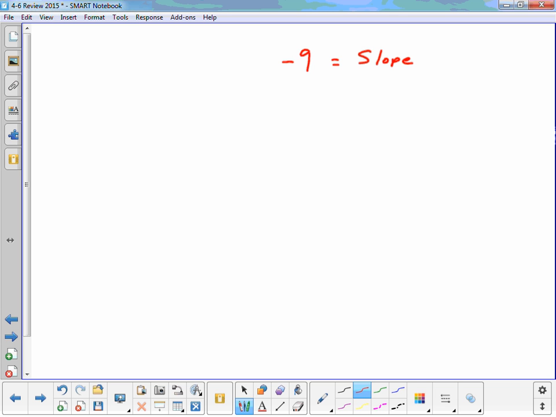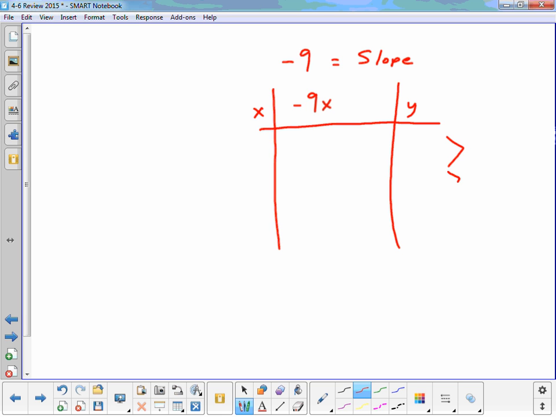One thing I know for a fact is that when we get slope, if we create our table here with input and output values, having X here and Y here, the slope will tell us that we are taking this -9 and multiplying it by X. And when I use consecutive terms, as long as these numbers are in consecutive order for X, I will be repeatedly adding -9, all the way through.